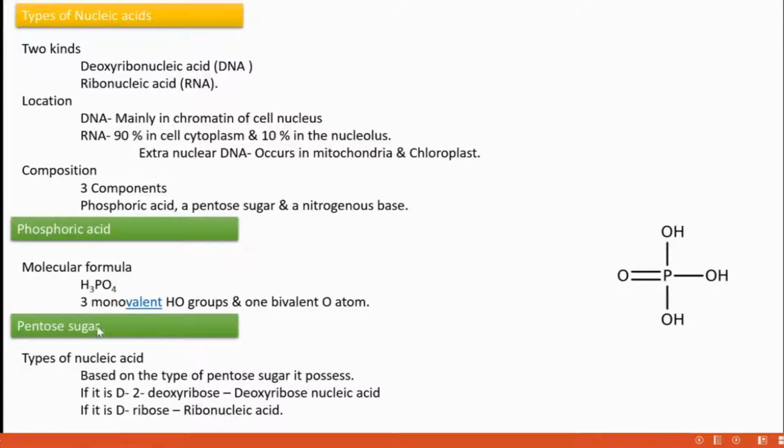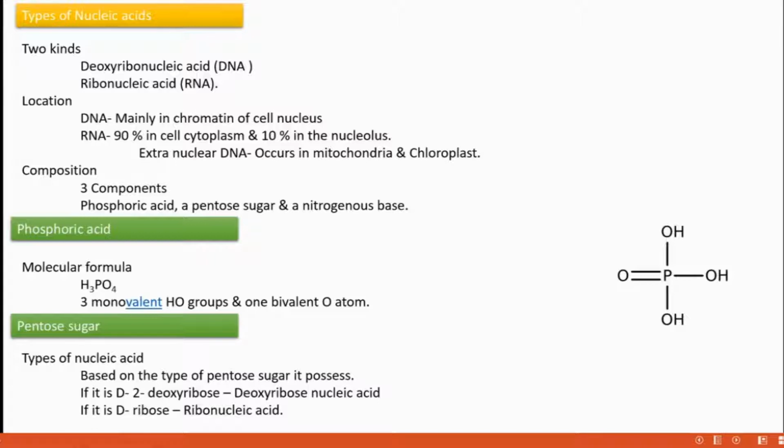This phosphoric acid has 3 monovalent OH groups and 1 bivalent oxygen atom. Valency means the number of bonds they can form.